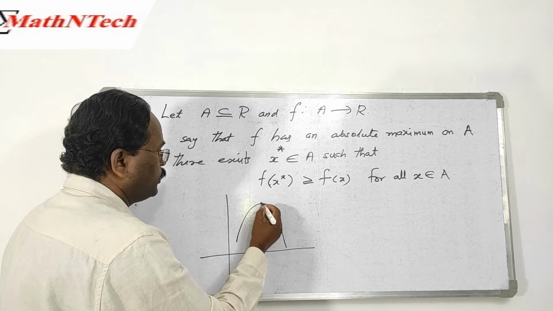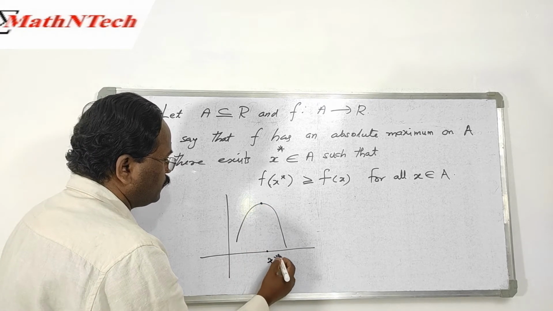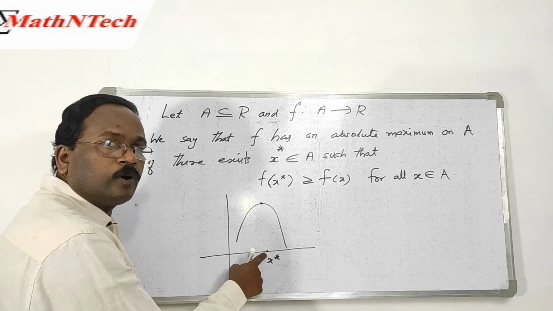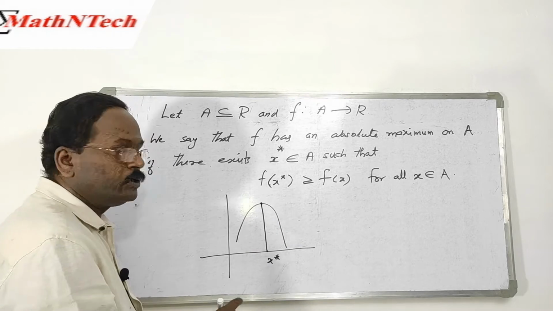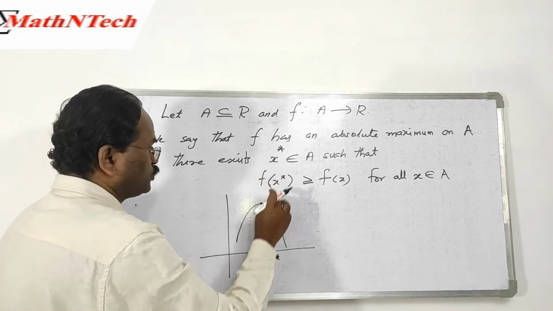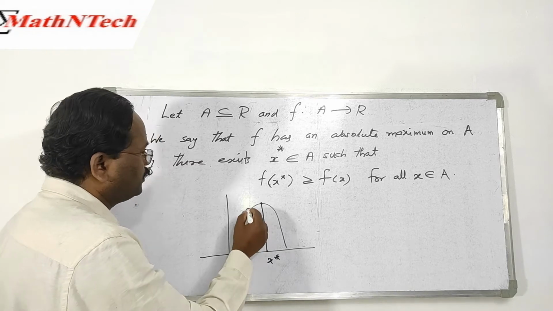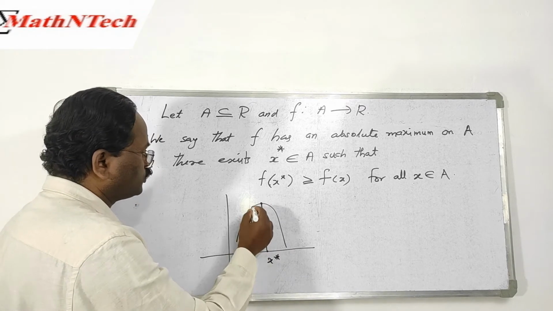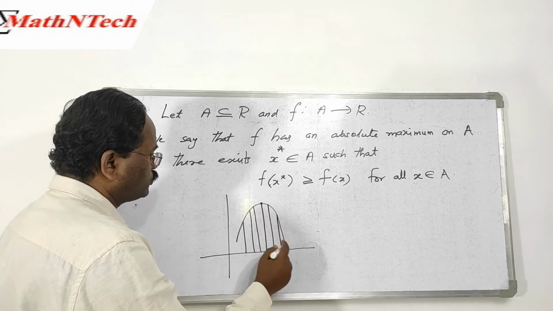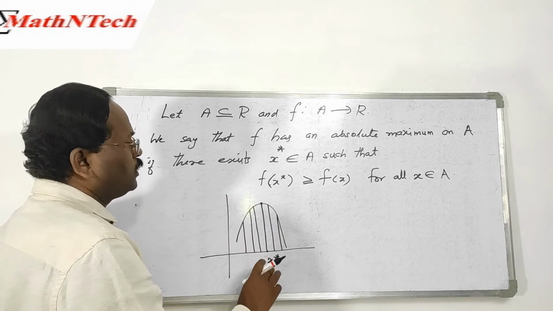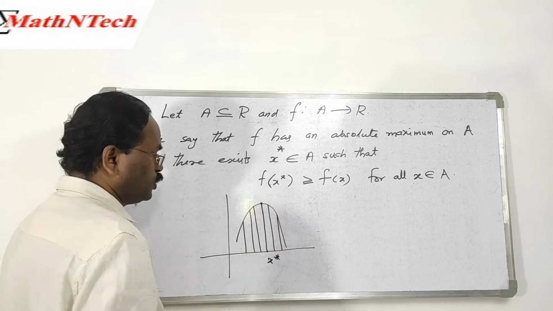At the point x star, that height is the maximum height, equal to f of x star. All other heights f of x are clearly less than this value f of x star.